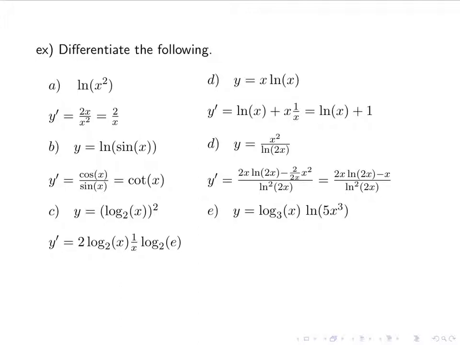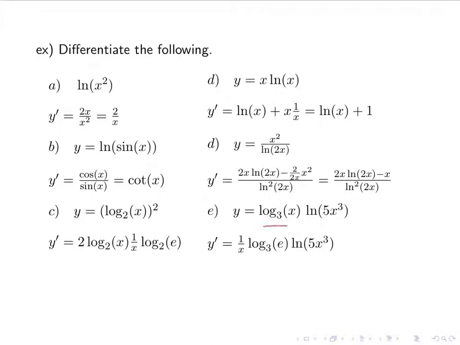And here's my last one. Log base 3 of x times ln of 5x cubed. So I have two logs that I'm multiplying together. There is no nice rule of logs that tells me how to do a log times a log. So I'm going to start off with the first part of the product rule.